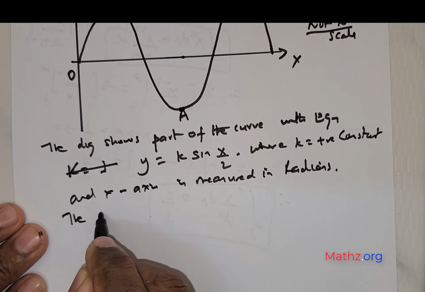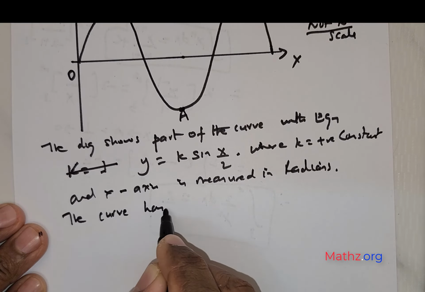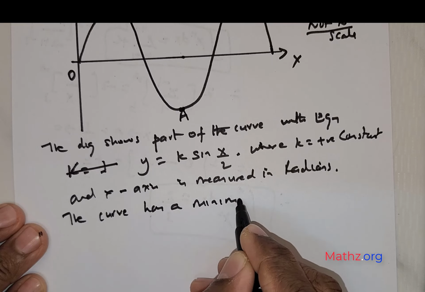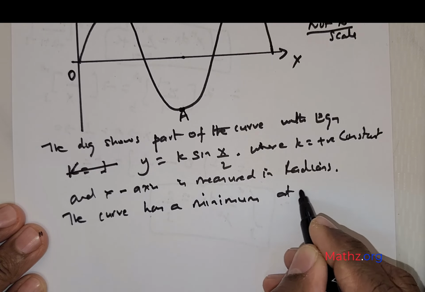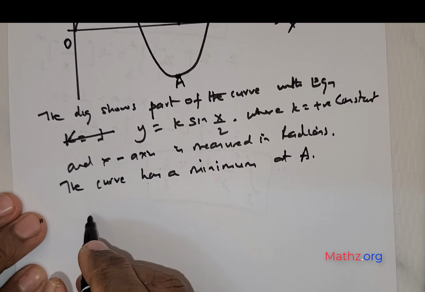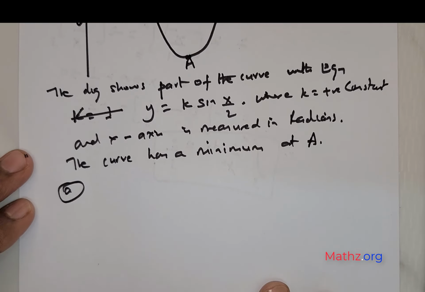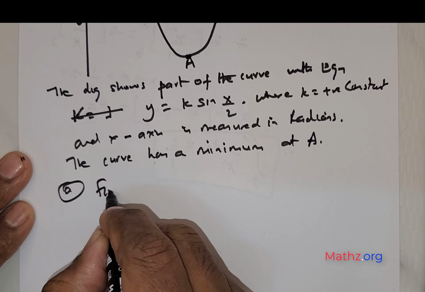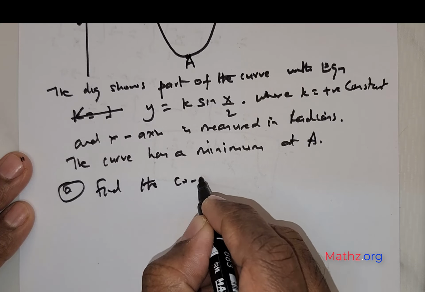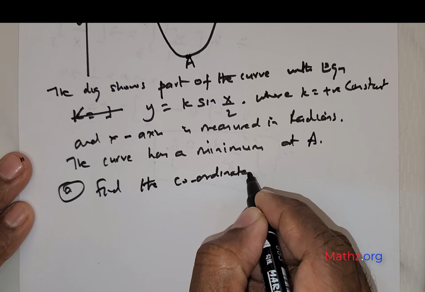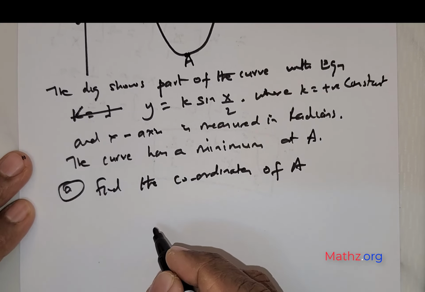The curve has a minimum at A. And what is the first part? The first part is we have to find the coordinates of A.